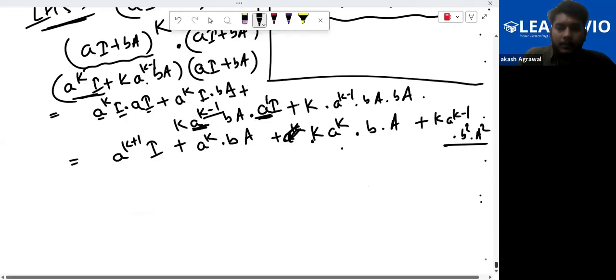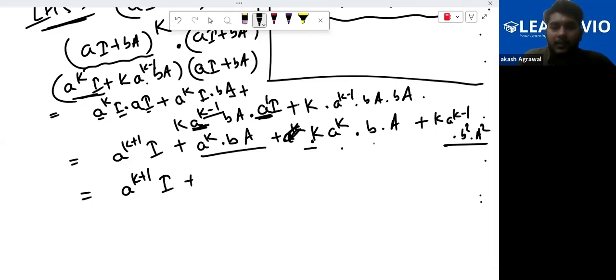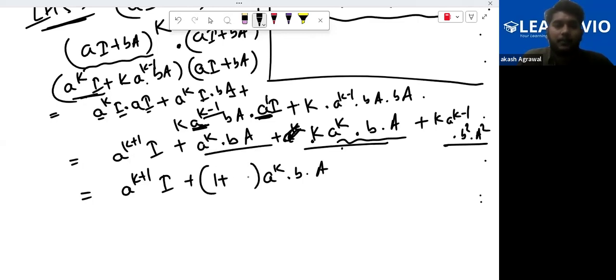So now we have A^(k+1) I. And if you look at this second and third term, we have this thing common, right? A^k B A. So we can take common A^k B A. And what will remain? Here 1 will remain and here k will remain. Okay, 1 plus k.